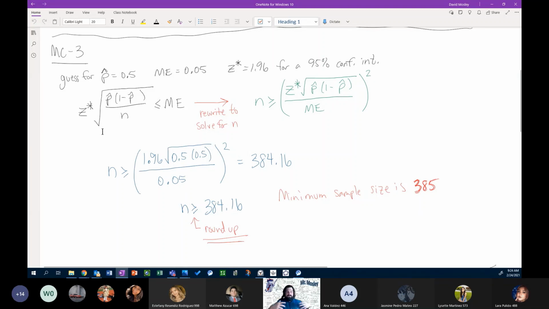This is what we've been given to use when dealing with margins of error. The reality is, we can manipulate and use any part of this to find other parts, depending on the information we have. Let me think of a way to show this that's not going to be terribly confusing.